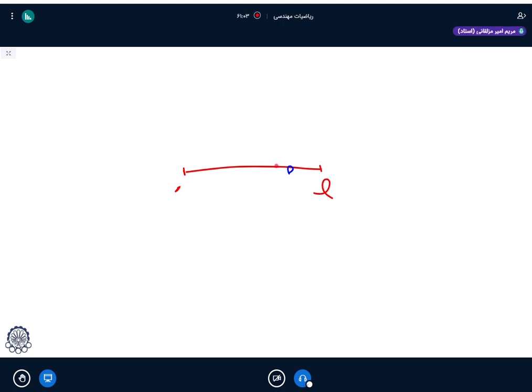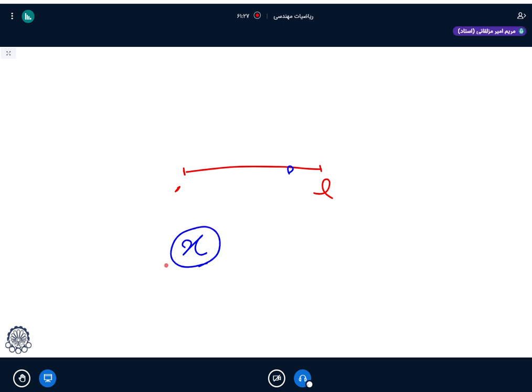The place of the point in this line segment is a random variable. If we call this random variable x, it determines the place of this blue point in this red line segment.